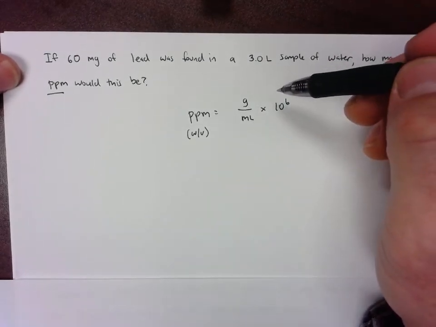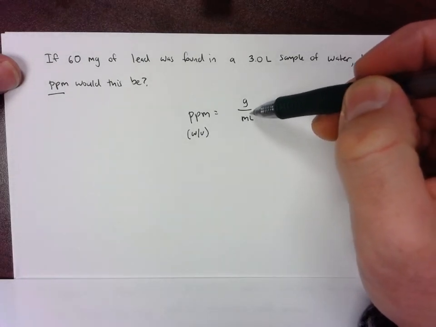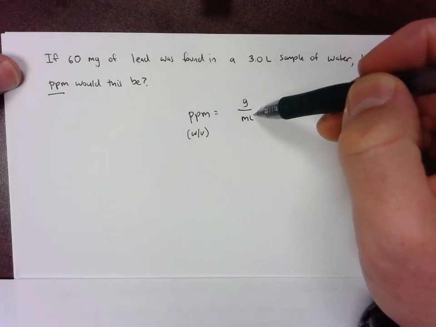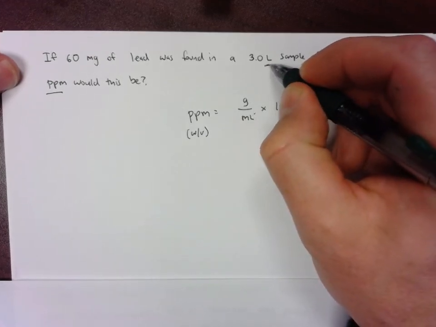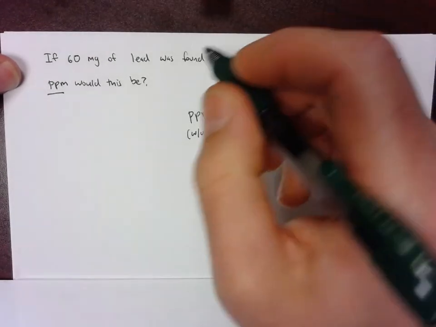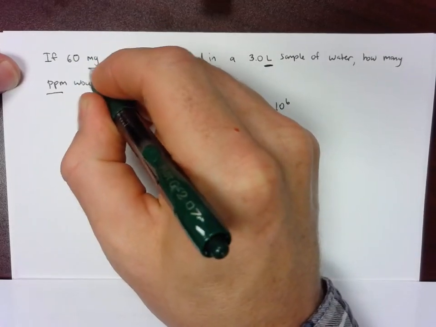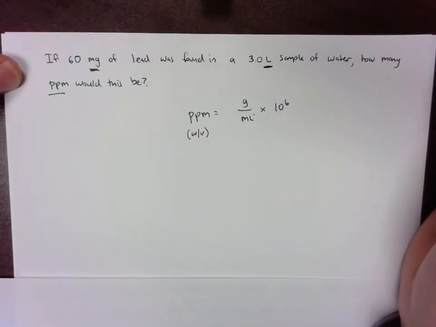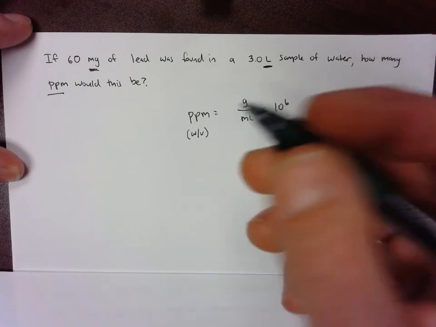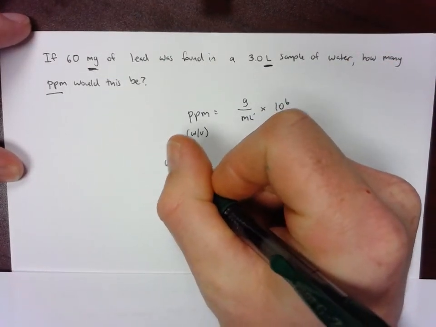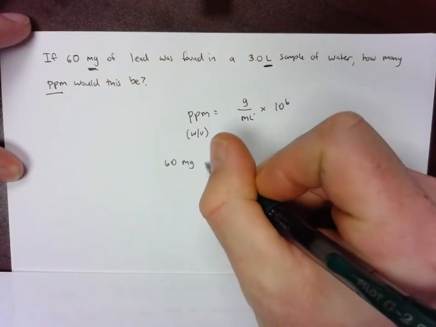So the key to these types of questions is getting the correct units here. You can see I'm already starting off in this problem with the incorrect units. I have liters and milligrams. So I've got to convert both of those before I can figure out how many ppm are in this sample. So let's start with the milligrams and convert it to grams.